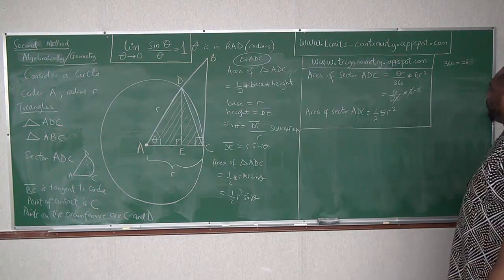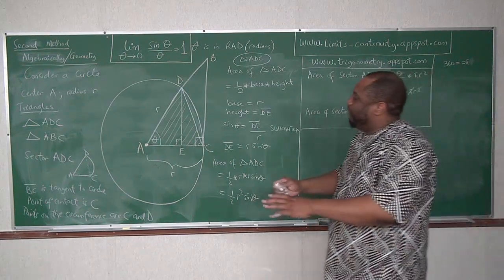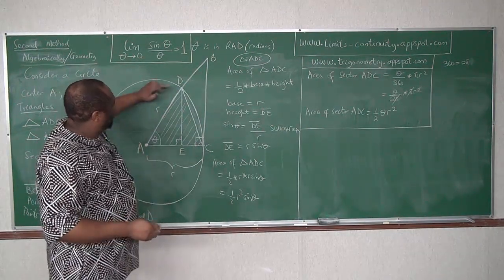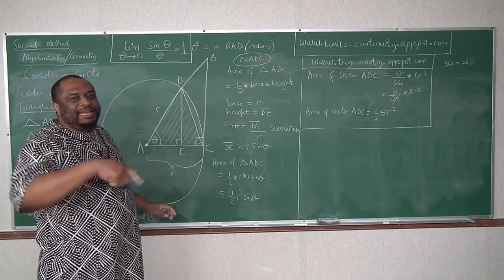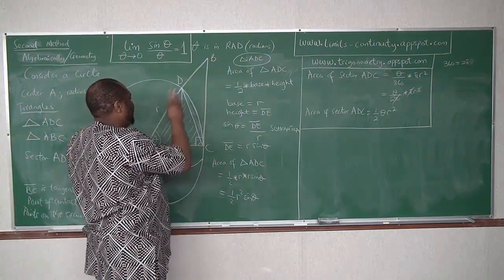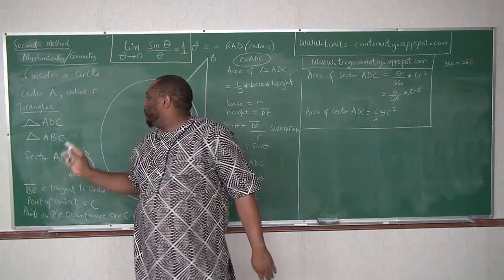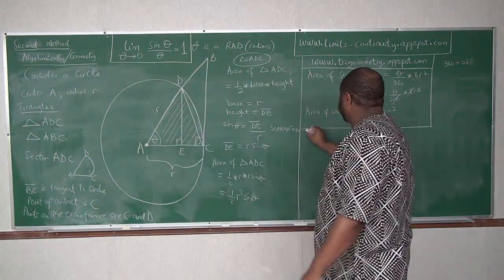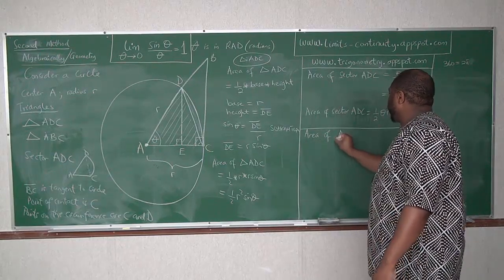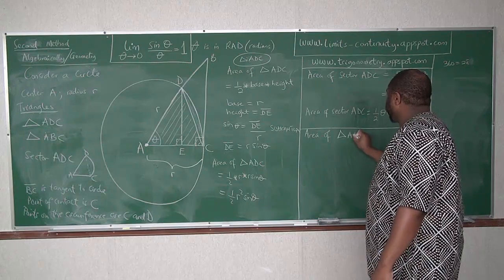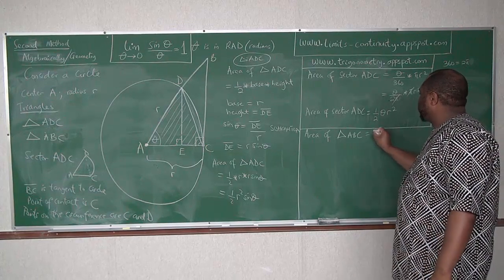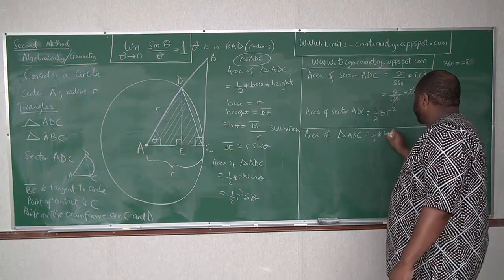Alright, the next one: the area of triangle ABC is less than the area of sector ADC, and that is also less than the area of this triangle ABC. So that's the next thing we'll do. Area of triangle ABC: of course, it's half times base times height.